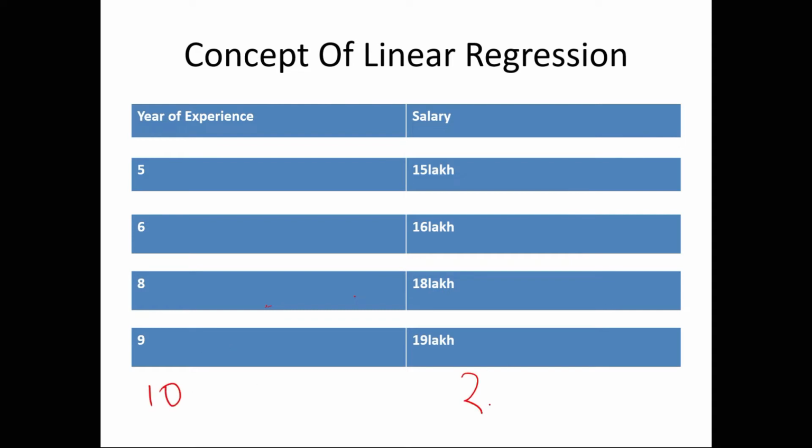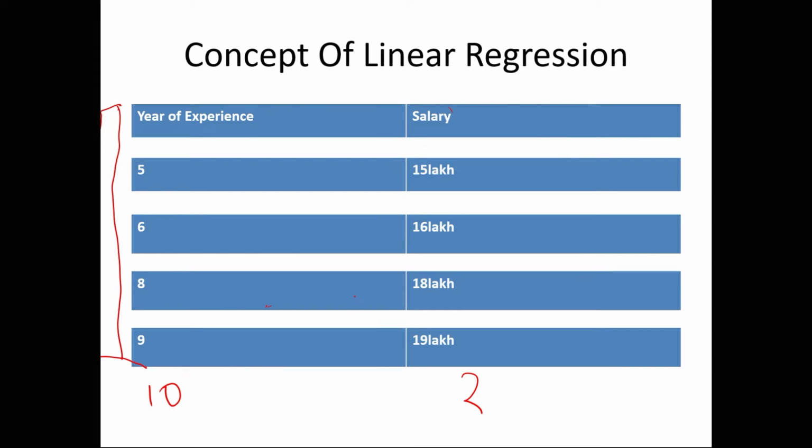Using the linear regression algorithm, you can easily predict the salary on the basis of years of experience. In that regression, only one variable is associated. That's why it's called simple linear regression. If you add another variable, that is called multilinear regression.